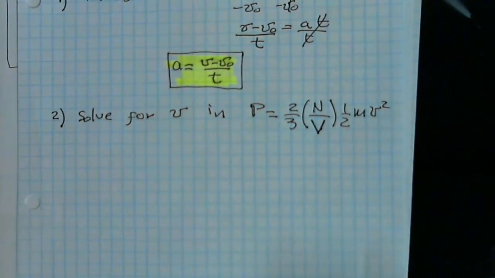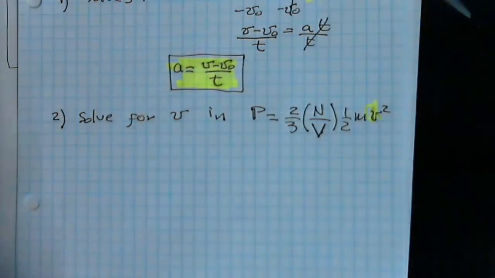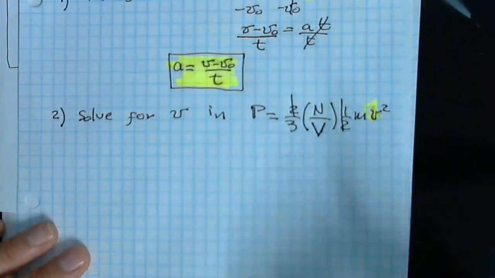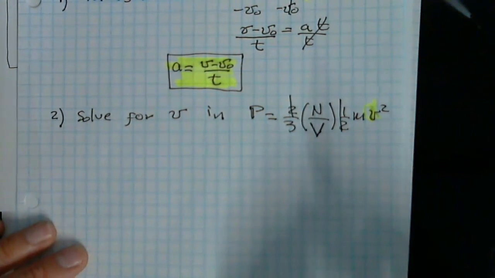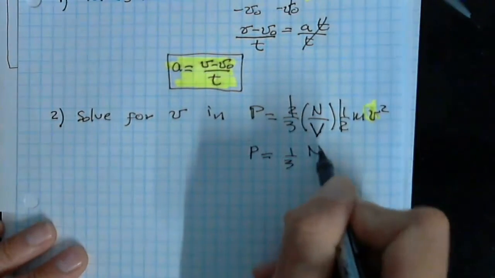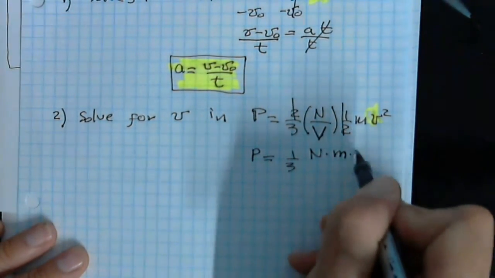Okay, so let's solve for lowercase b, not to be confused with capital case B. Okay, first you could cancel the 2.5. Let me bring down what is left. It can be written like this.